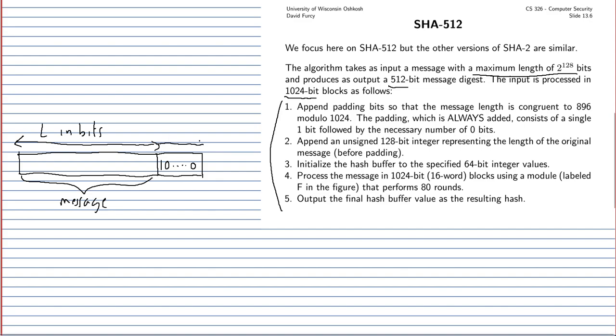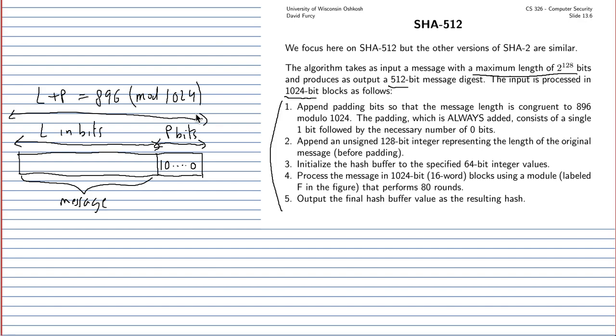Let's say the number of padding bits is P. How do you decide how many bits P to add? The constraint is that the total length L plus P is equal to 896 modulo 1024.